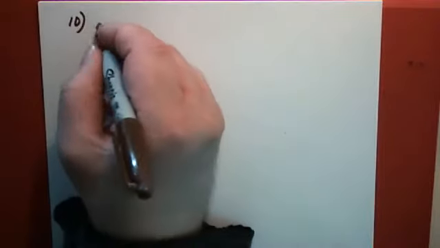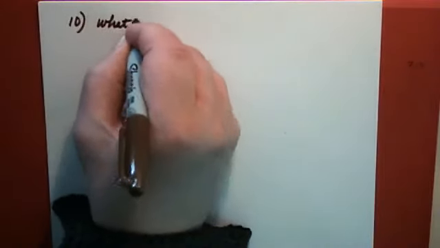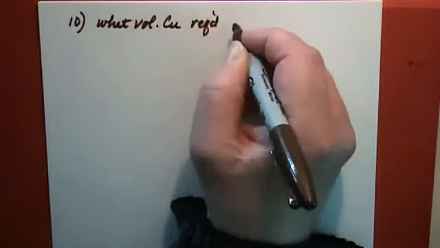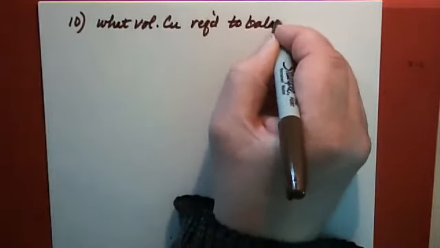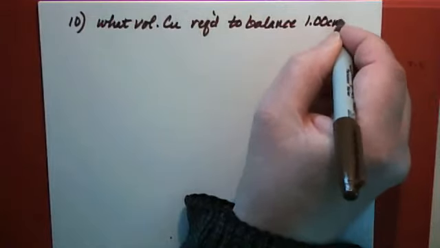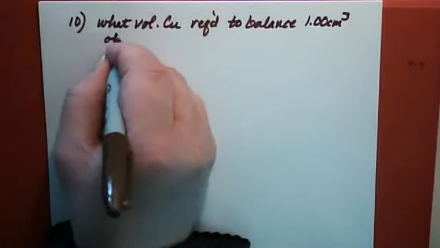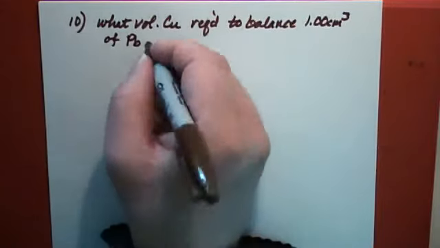Number 10. What volume of copper would be required to balance a 1 cubic centimeter sample of lead on a 2-pan balance?